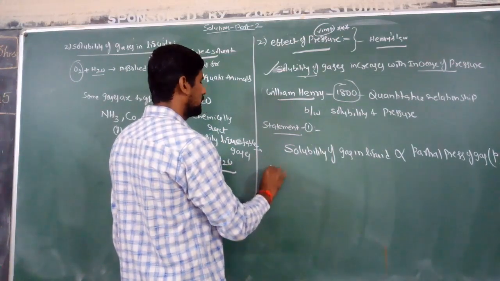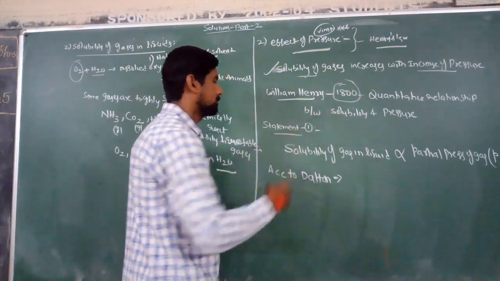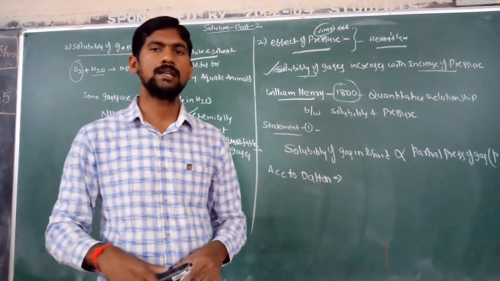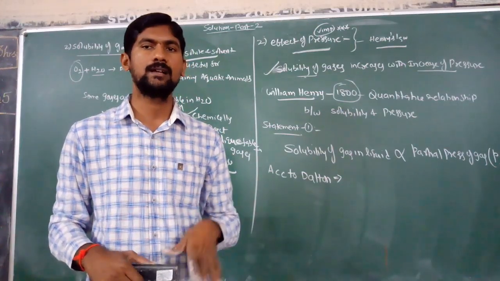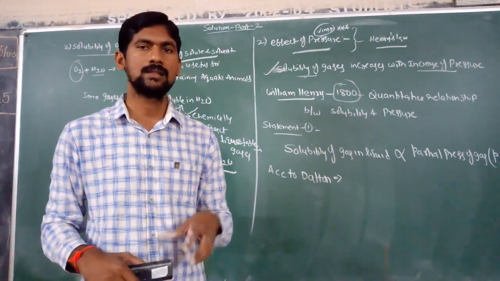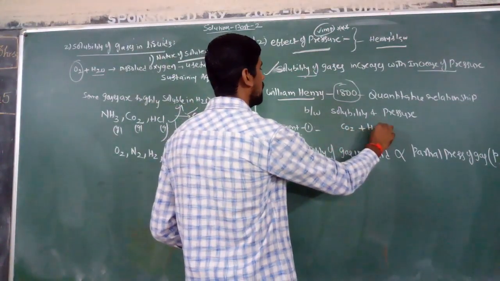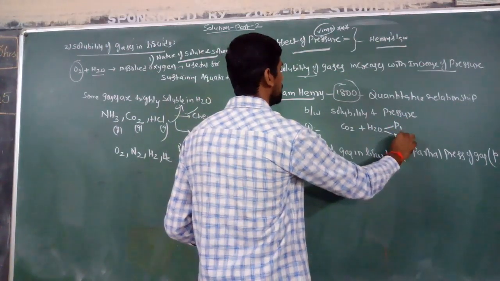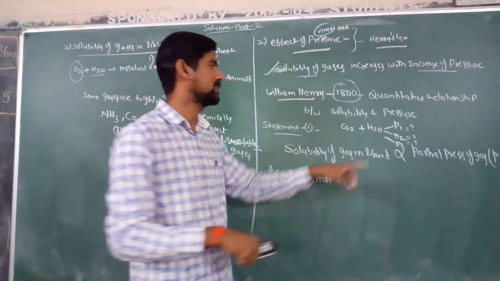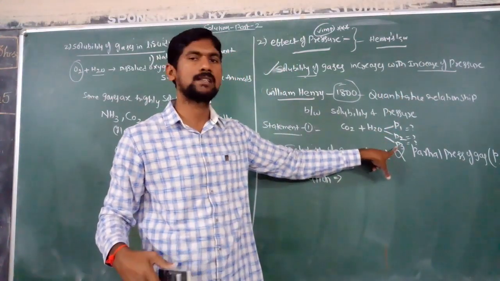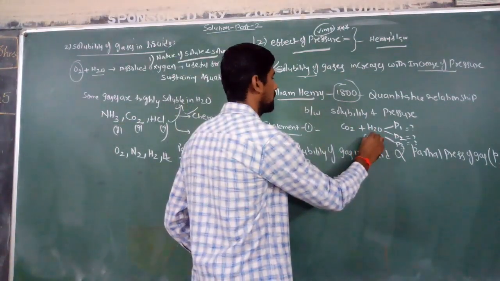But according to Dalton, how is the solubility measured? For example, if carbon dioxide is dissolved in water at different pressure conditions, P1, P2, P3, say 10 atmosphere, 20 atmosphere, 30 atmosphere, with the same volume of water, 100 ml of water taken.